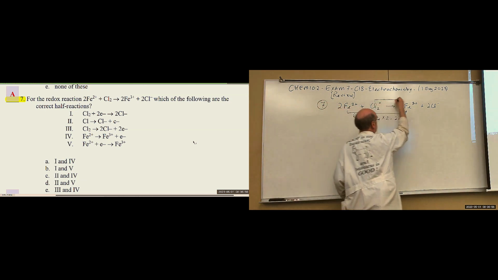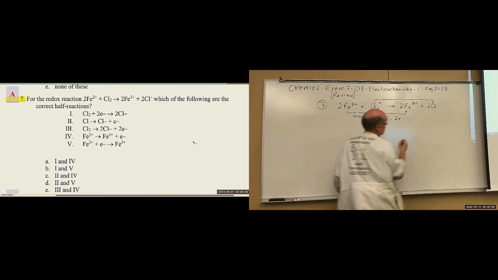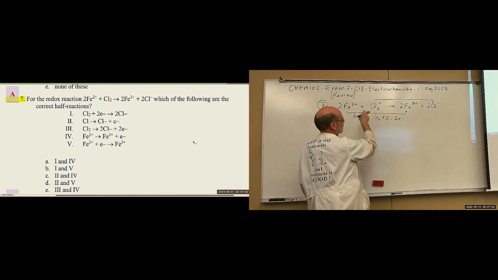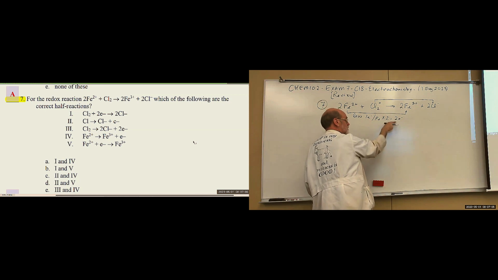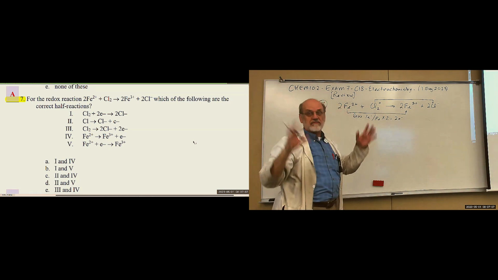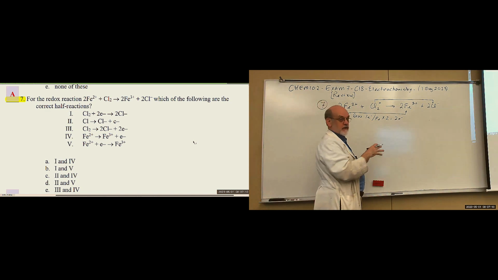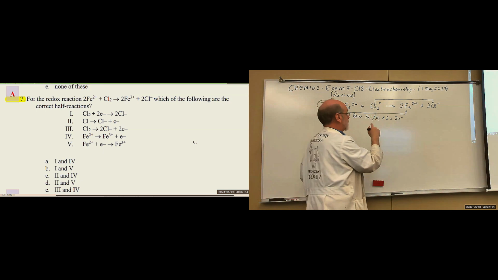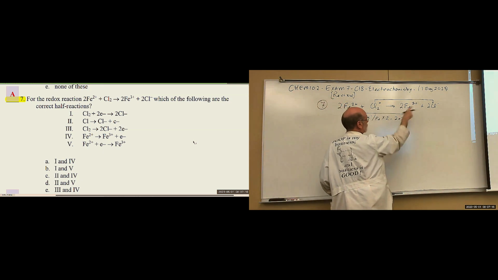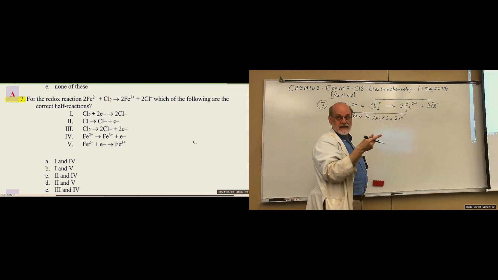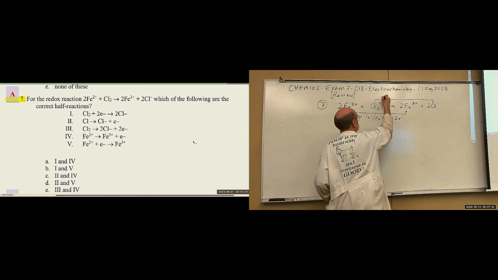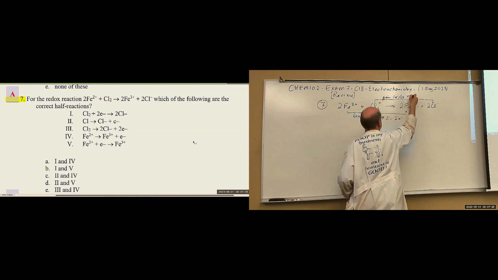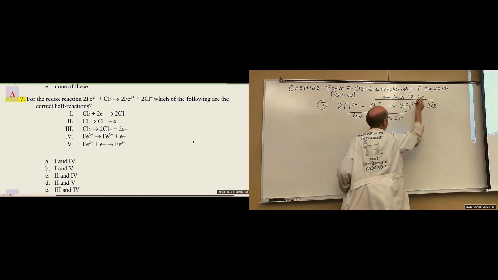For this one, we went, and it appears that this is balanced, right? 2 iron, 2 iron, 2 chlorine, 2 chlorine. And all we have to do is check the electrons to be sure they're balanced, and then we're good. As far as balanced equation goes. It doesn't say balanced up there, so we better check it. This goes from 0 to -1, which is a gain. Right? Gain 1 electron per chlorine, but we got 2 chlorines. Equals 2 electrons. Okay, so it is balanced.